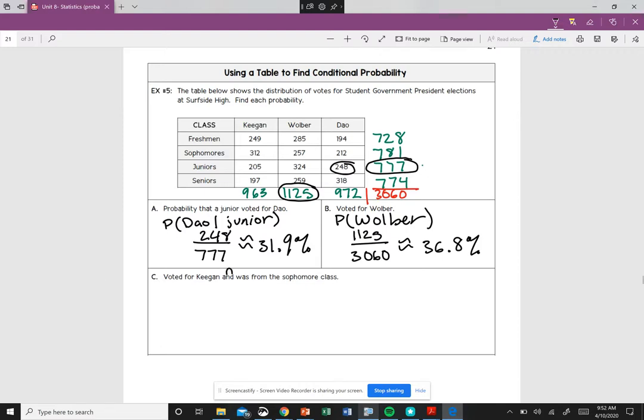All right. So the next one says voted for Keegan and was from the sophomore class. Now remember, and means intersection. So this is the probability of Keegan and sophomore. That means I'm only looking at Keegan sophomores. So 312 out of the total 3,060, because I don't have a given. I'm not restricting my categories.